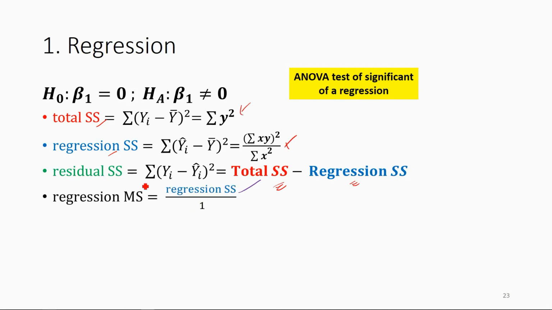What you need to do next, because you still have to standardize it somehow, right? That's the reason why you have to divide by the degrees of freedom. So this is a regression mean square: you take this value and divide by the degrees of freedom. For simple linear regression, the degree of freedom for the regression mean square is always 1.